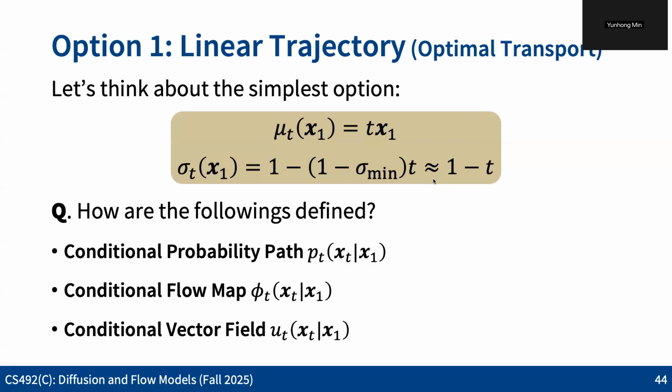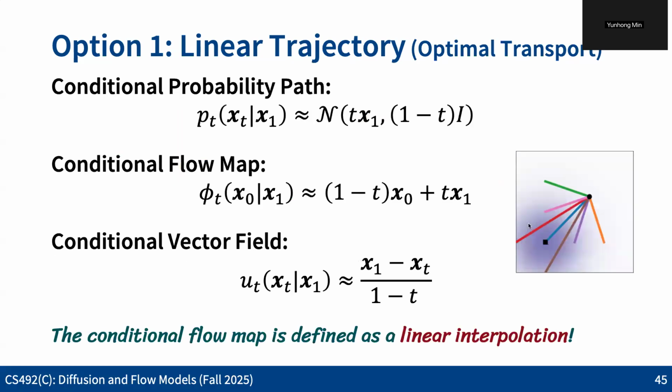So based on this simplest option for the mu and the sigma function, if we derive the conditional probability path, the conditional flow map and the conditional vector field, then you're going to see that we get this form, right? This is also quite obvious. With that simple form, obviously the conditional flow map should be an interpolation between these two points, making a straight trajectory from x0 to x1.